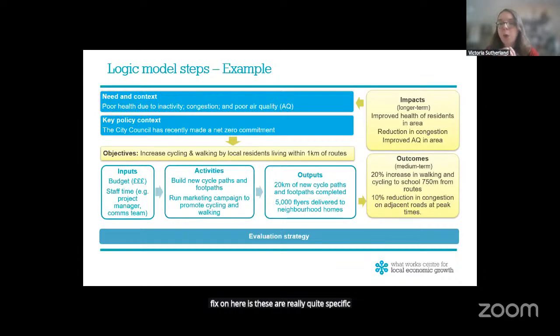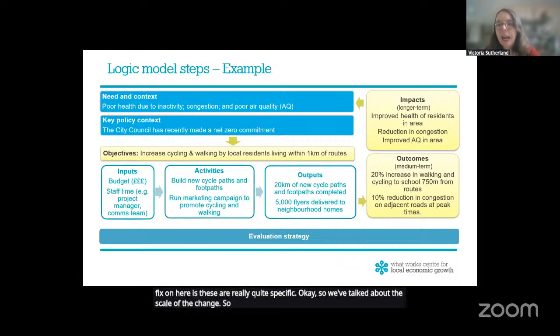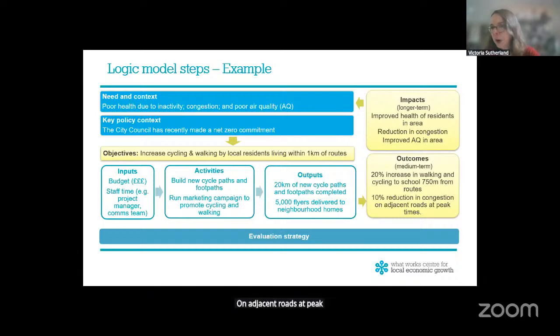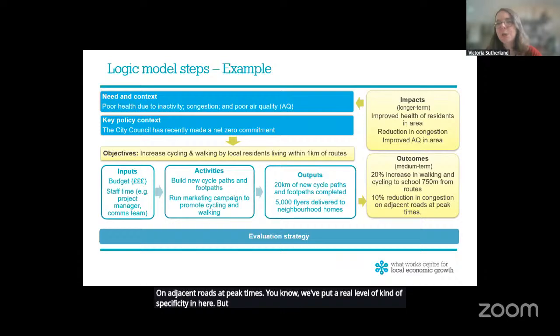We've talked about the scale of the change, a 20% increase and a 10% reduction, but we're also setting other parameters: within 750 metres of the cycle routes, on adjacent roads at peak times. We've put a real level of specificity in here, but this is essentially the change that we want to see. We want to see more walking and cycling, and less congestion.